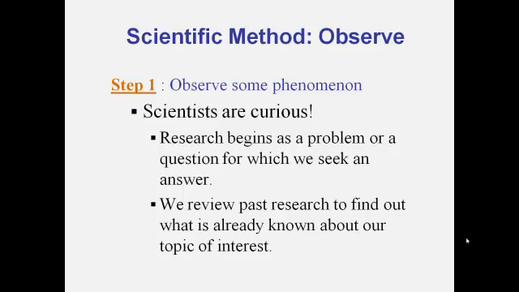So let's start with observation. The first step is to observe. Well, scientists are curious. That is one major characteristic that I believe all scientists have. We are all curious. We all want to understand why the world is the way it is. Okay?